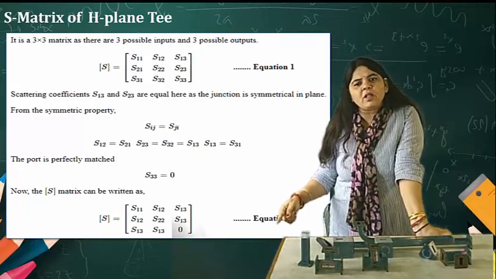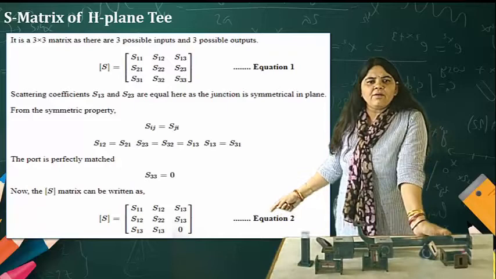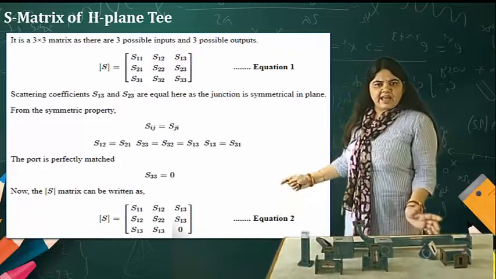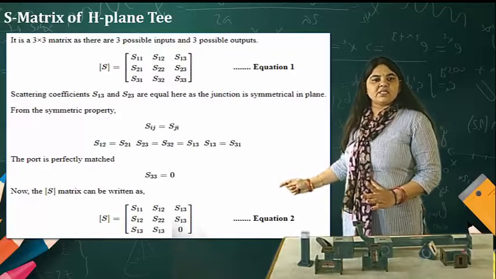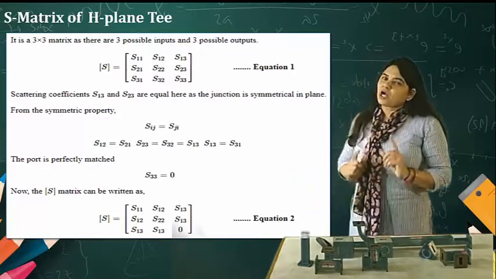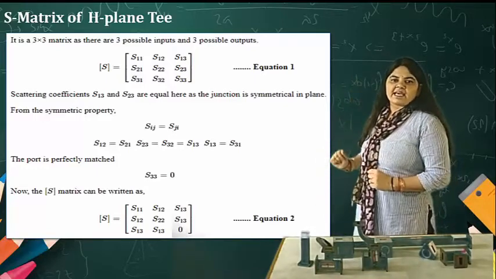Now we are putting all the values in equation number 2. So S11 is S11, S12 is S12, S13 is S13. What is S21? According to the property, S21 is S12.